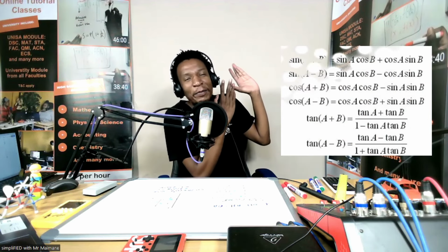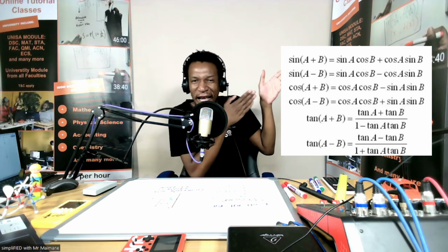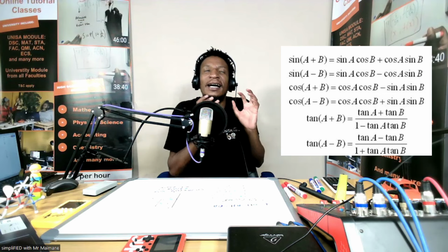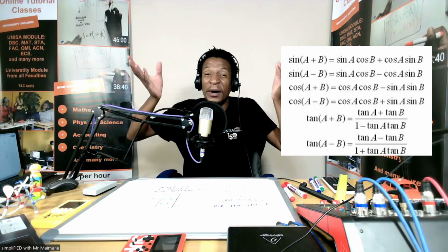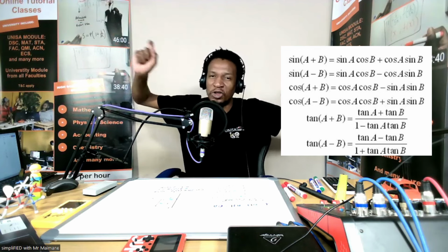Hence, with double angles, we have the derived formulas already given to us in a question paper whenever we're writing an exam. These are the double angle equations, and they are always given, mostly because it's something you can remember, but they are given as part of the formula sheet to remind you how to derive.